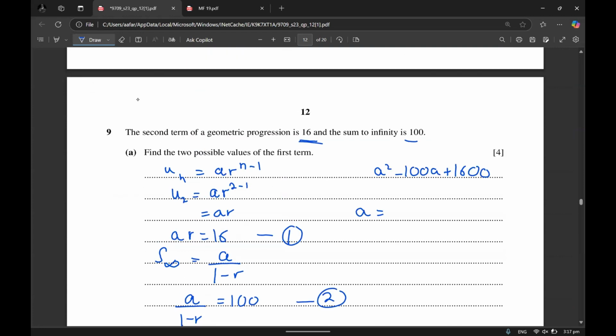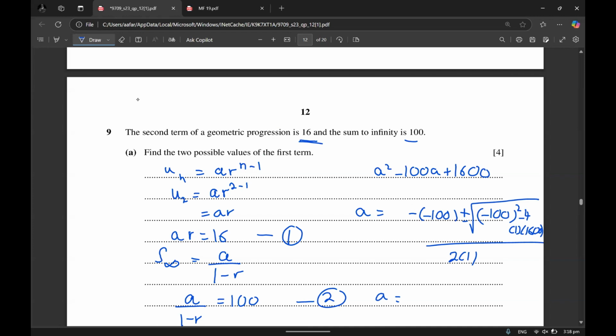So a is basically equal to plus minus, sorry, b square minus... b plus minus b square minus 4... minus 1600... 2.